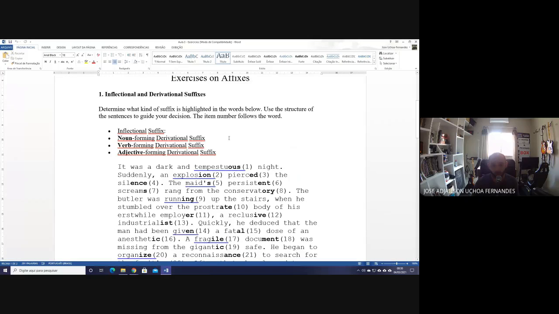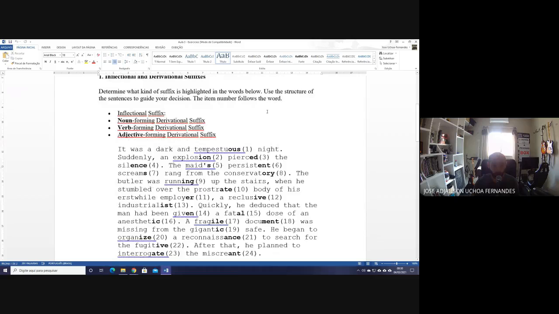I'll explain it to you and then I'll upload it to Siga. I want you to determine what kind of suffix is highlighted in the words below. Use the structure of the sentences to guide your decision, so you have the context.